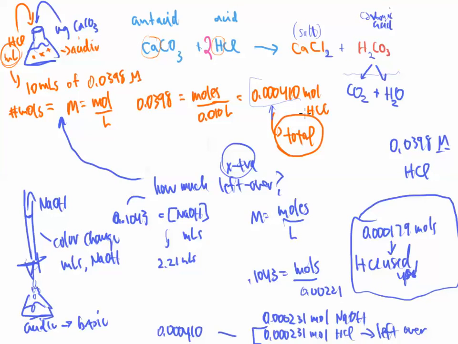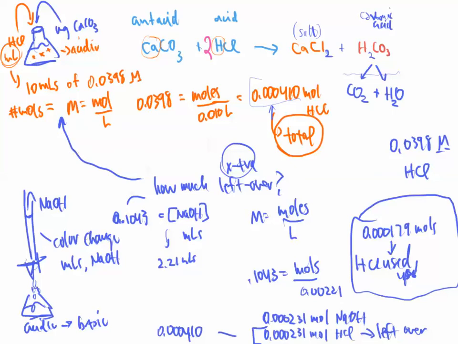That's how much in total I've got. Okay, well, with that total amount, I can then take that number, and that acid is going to be used up. A certain amount of this is used up to kill off all the antacid that's swimming in that flask.